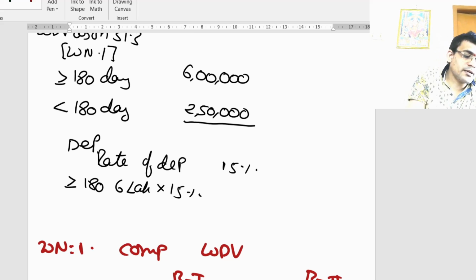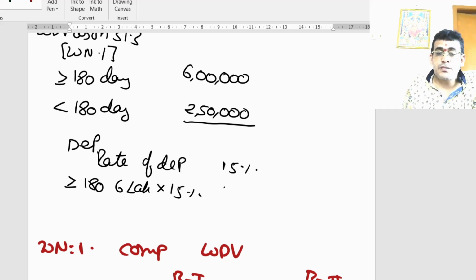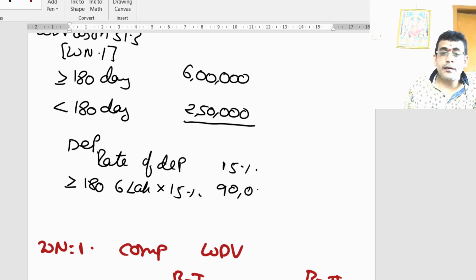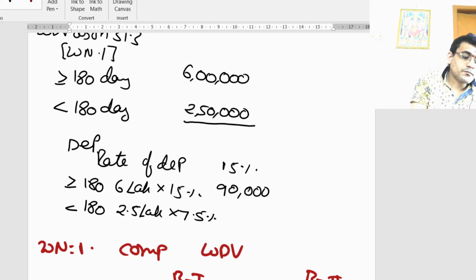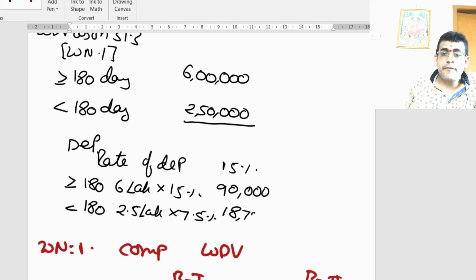What is the depreciation you are getting? 6 lakhs into 15% if I do, my depreciation amount is going to be 90,000. Then what? Asset put to use for a period of less than 180, what is the rate of depreciation? 2,50,000 into 50% of the normal rate. So I have to consider 7.5%. Now let us see what you will be getting. 2,50,000 into 7.5% gives you 18,750.